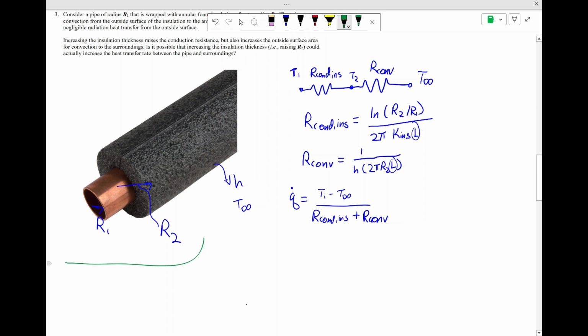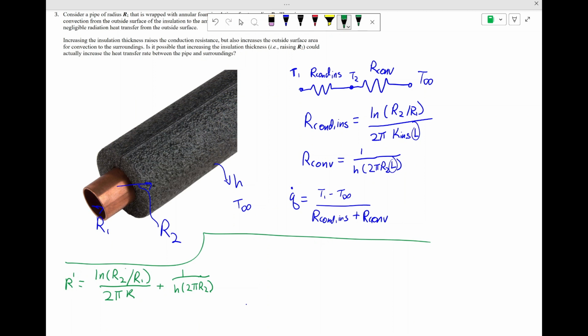The resistance per length for this system, R prime, is equal to the conduction resistance, the natural log of R2 over R1 divided by 2 pi K of the insulation, I'll just call it K now, plus, for the convection, 1 over H times 2 pi R2.